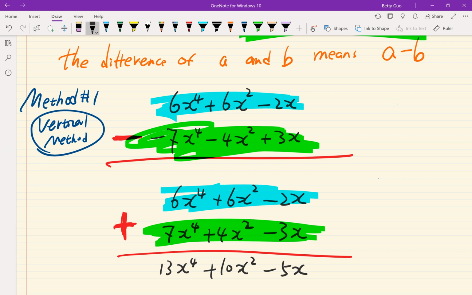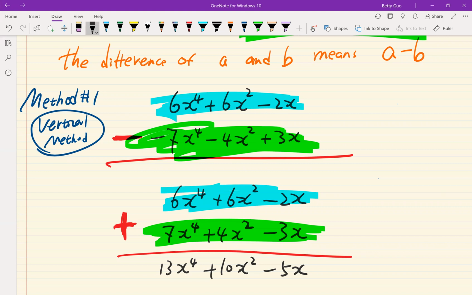Do you like this method? When you use blue minus green, you copy blue, but flip the signs in green. So minus a quantity is the same as plus the opposite of the quantity, right? That's how we operate subtraction of polynomials vertically.